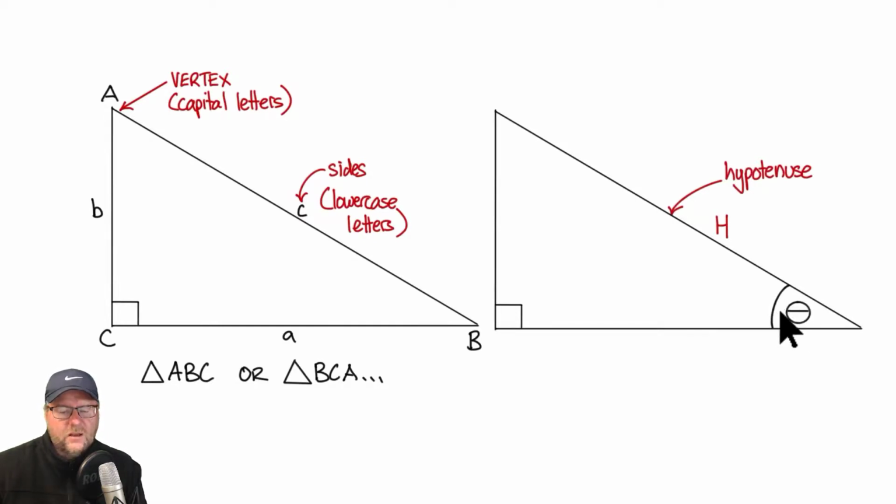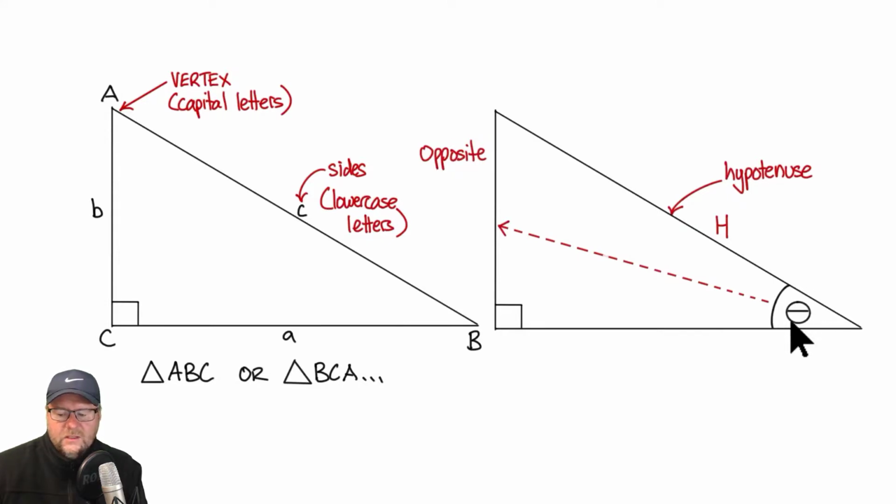Now I've got this angle which indicates I need to start here, and if I start at that angle and I go across to the side that is on the opposite side of the triangle, I call it the opposite because that's what it is. It's the side that is on the opposite side to my angle.